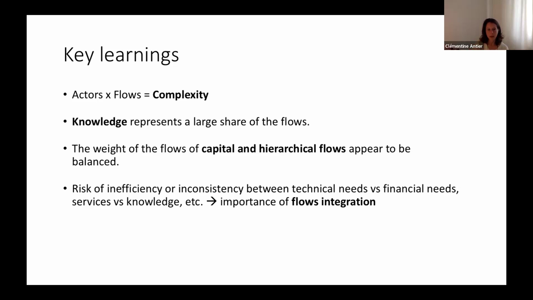And finally, about this low level of flows integration, we can think that there is a risk of inefficiency or inconsistency between the technical needs and the financial needs, or the services versus the knowledge available, just because those are spread across different actors and different areas of the maps.